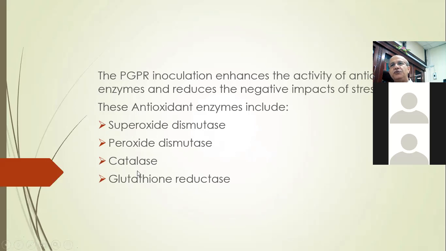If your plant or your bacteria is producing these enzymes, there will be less harmful effect of those reactive oxygen species. So if you inoculate your plants with such bacteria which have the ability of producing these enzymes, what will be the benefit? The benefit is that the harmful effects of reactive oxygen species, which we discussed in the last slide, are avoided, right?